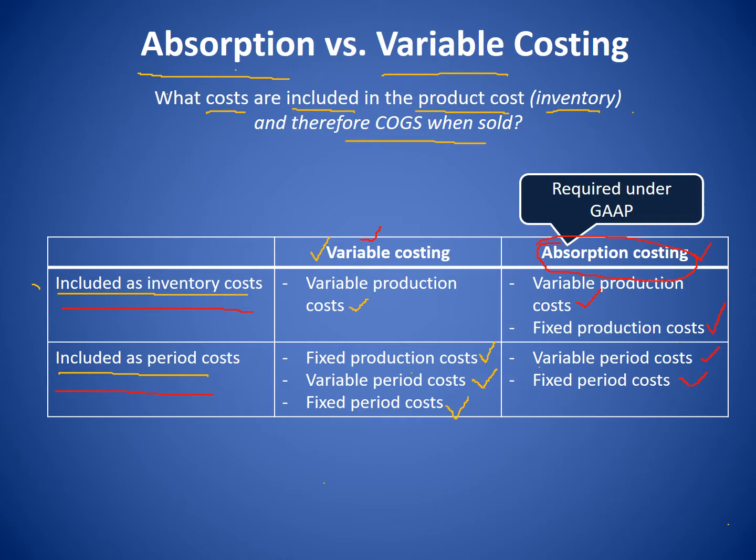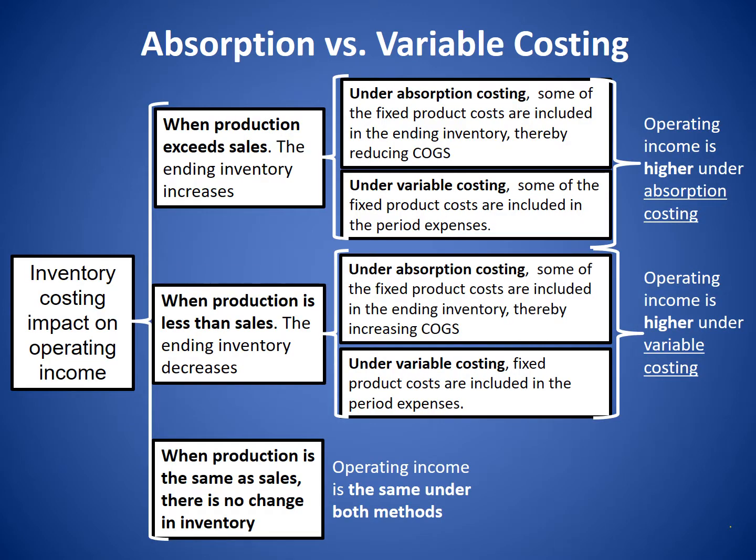Now let's go on and talk about, this is typically where the CPA exam examiners like to ask questions. Depending upon whether we're doing absorption costing or variable costing, what is the inventory costing impact on operating income? So here's the rules that we need to follow.